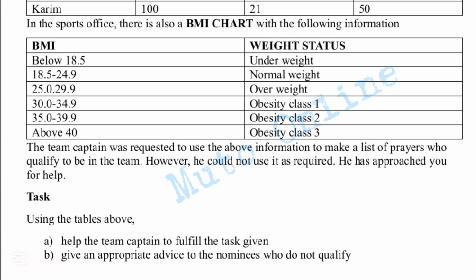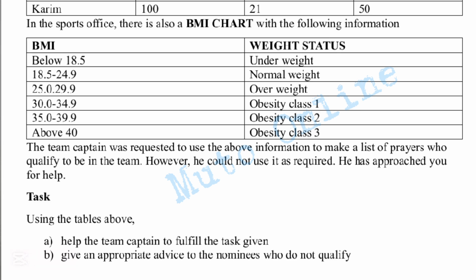Great. In the sports office, there is also a BMI chart with the following information. So we have another table here. The table has 2 columns, one for BMI and the other one is for weight status.